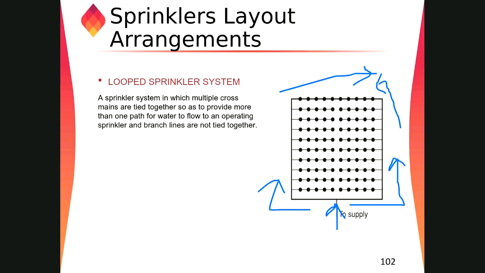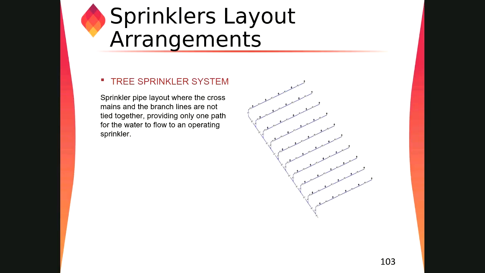So in this loop system, we have advantages in the hydraulic calculation. We get more lines to flow the water, so we might get the advantage of pressure and flow added into the system. This is the looped one. In the tree system, it is again based on the project. If your project is of this criteria, what is the requirement for your project?